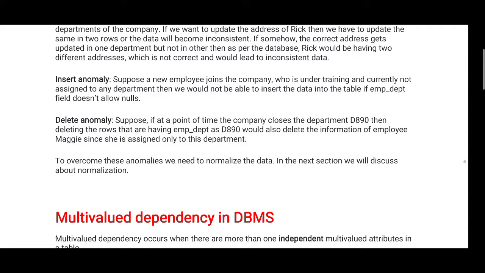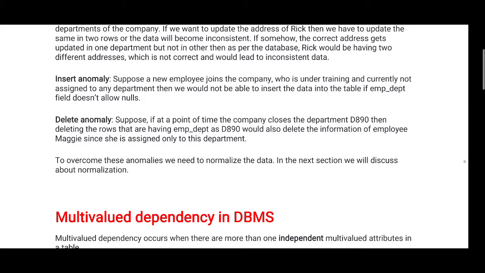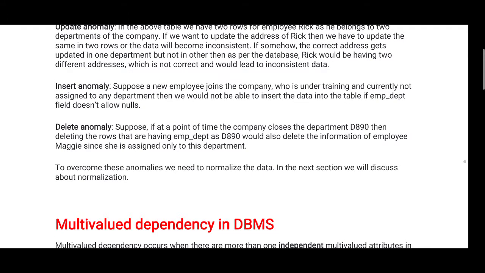Then deleting the rows that have employee department 890 would also delete the information of the employee, since he belongs only to this department. This is the deleting anomaly. To overcome these anomalies, we need to normalize the data in the next section.